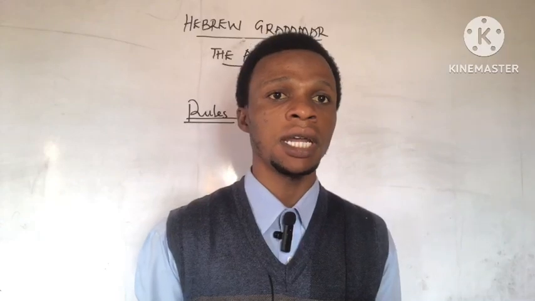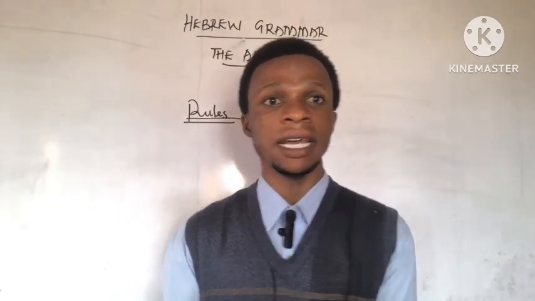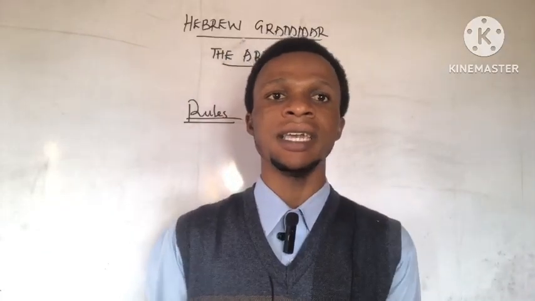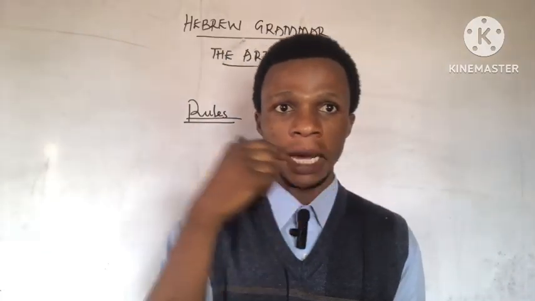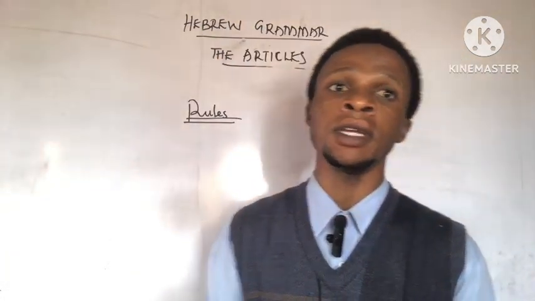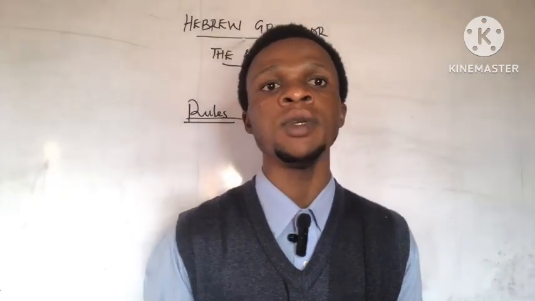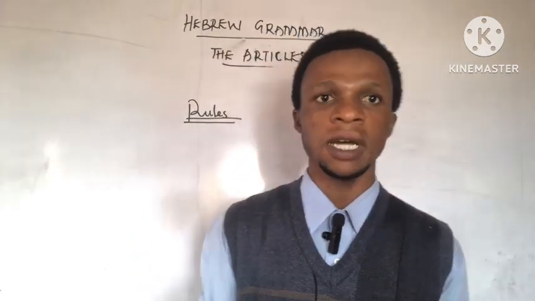Ha is just like the "the" we have in English, indicating something. I also talked about the first rule guiding this, because if you don't take note of the rules of Hebrew, it is possible that you mix things together.